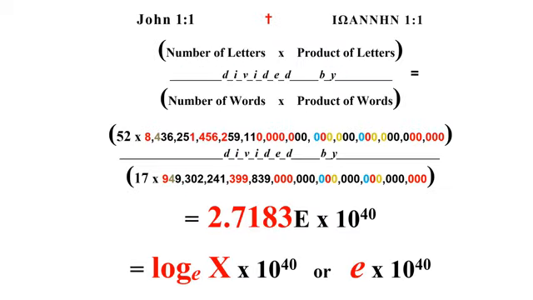Number of letters times product of letters, that's 52 times 8 bazillion, divided by number of words times product of words. Number of words 17, product of words is 949 billions. It comes out to be 2.7183 estimated times 10 to the 40.